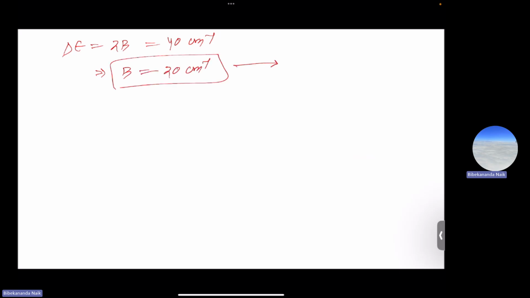We know the first absorption line corresponds to the transition from J equal to 0 to J equal to 1, and the value of the transition delta E is 2B. So it is 40 centimeter inverse, so B is 20 centimeter inverse for F18.